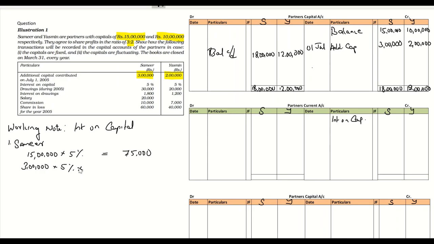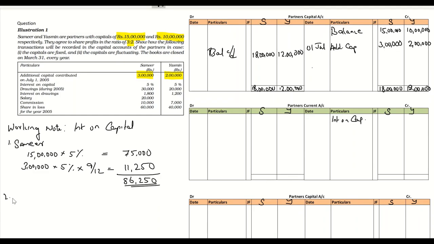But this is not for the complete year, only for a period of 9 months, from July 1 till March 31st, end of the year. So 9 by 12, which is 11,250. Now if we add 75,000 plus 11,250, total interest for Samir is 86,250.